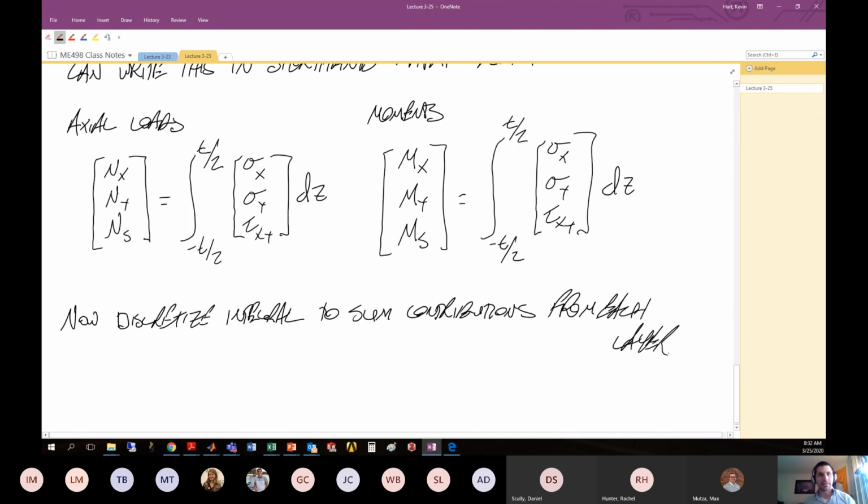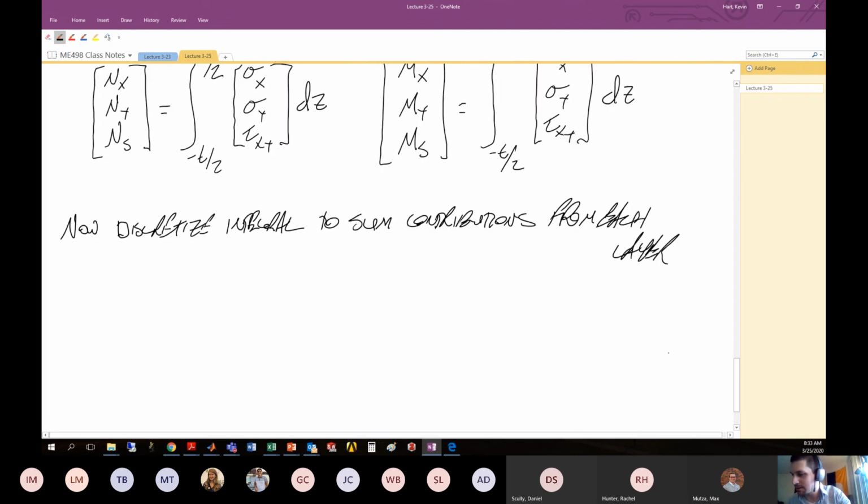So what I mean by that is, if I know the stiffness of layer K, and I know the general strain distribution on the laminate, then I know the stress distribution in layer K. That stress distribution in layer K might be completely different than the stress distribution in layer K plus 1. So we may want to take the integral that we've written here and chop it up and sum the integral as the individual integrals of each one of the individual layers. That's what I mean by discretize.